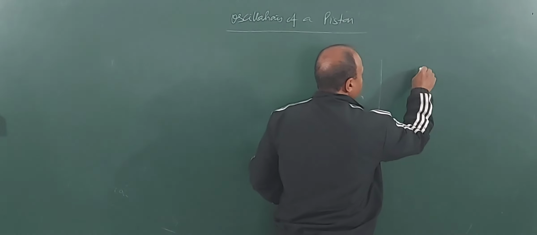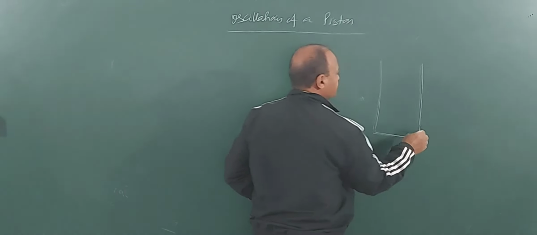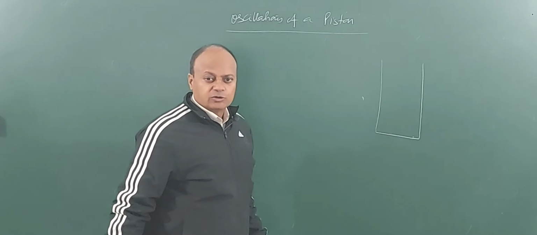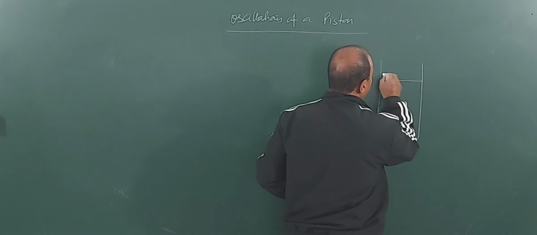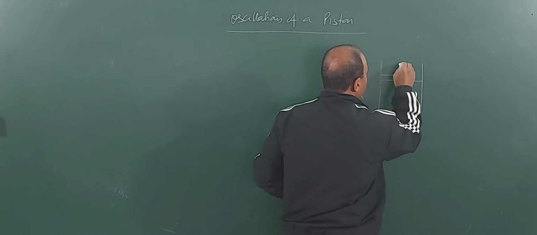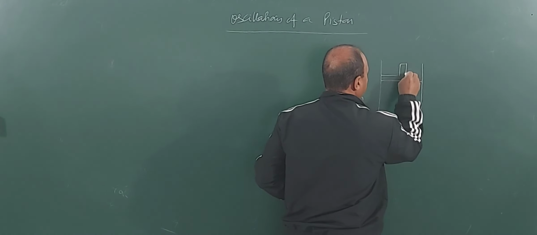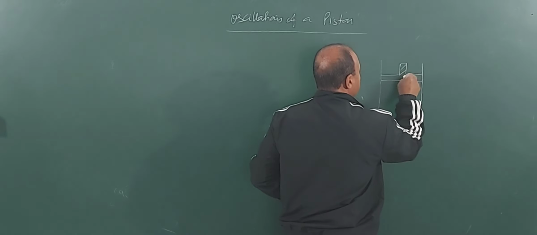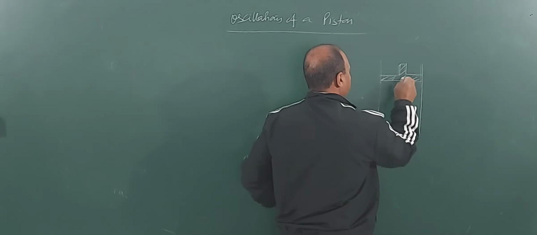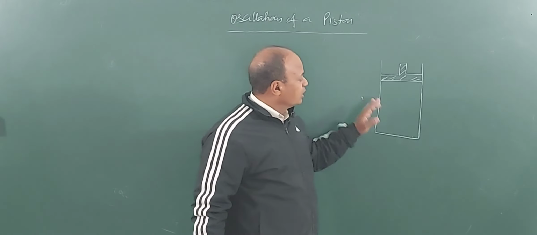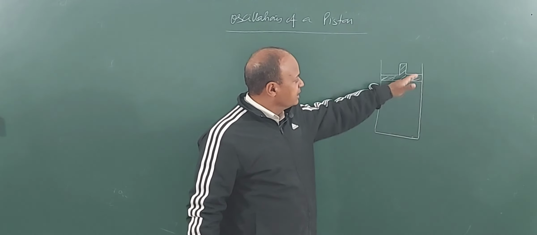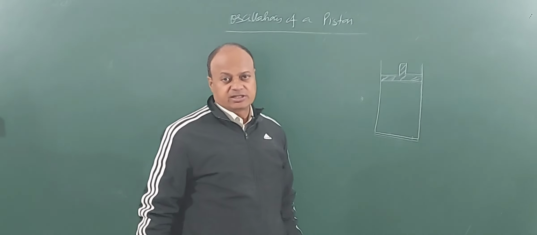Here we have, children, a cylinder. To the cylinder we have fitted a piston. This is a piston. Now this piston has mass m. The cylinder and the piston have no friction.